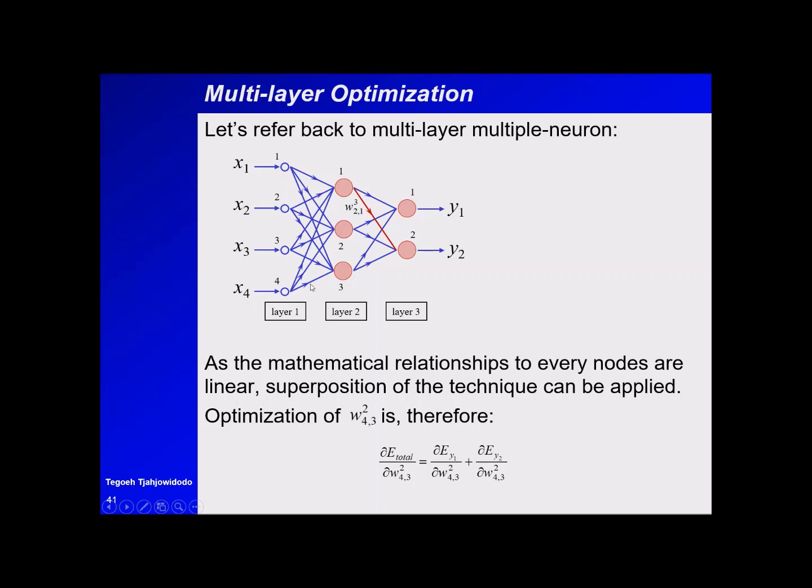If you want to optimize it, then you have to calculate the first derivative of the first error, of the first output, with respect to this weightage, as well as the propagation of the error to the second error, the error of the second output, to the corresponding weightage.